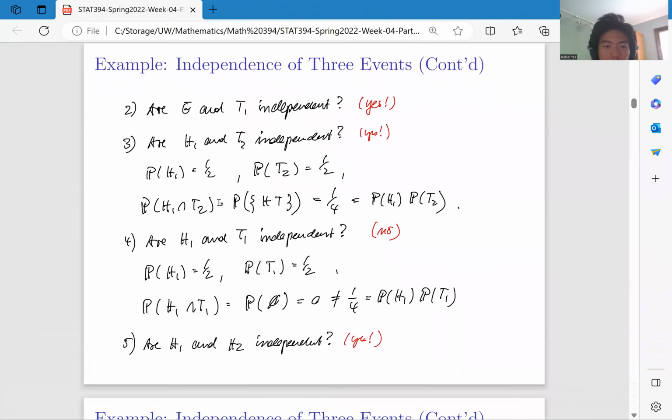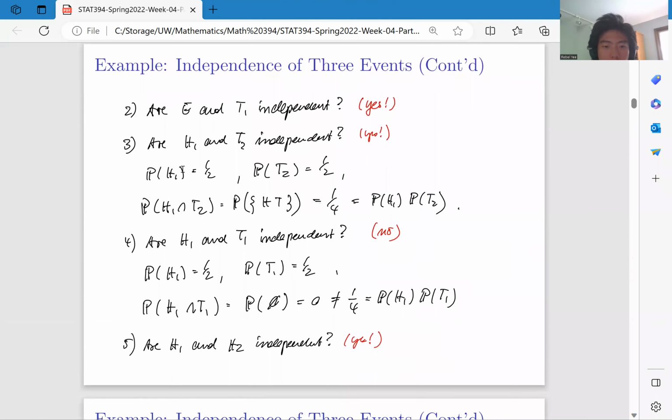And we would like to see more examples, so let's think about this one. Are H1 and T1 independent? So what's in H1? H1 has HH and HT, and T1 has TT and TH.